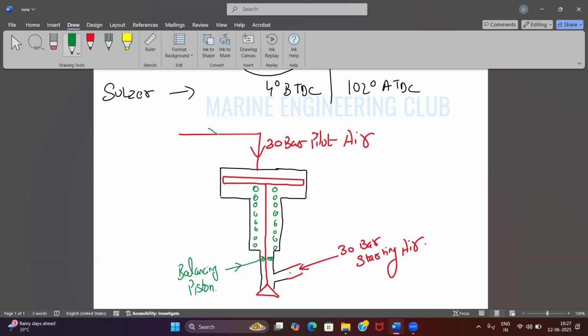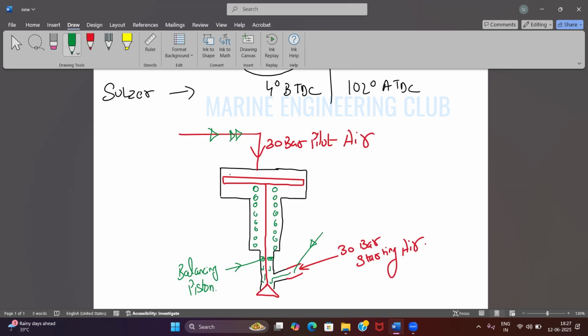This is the actuating mechanism wherever this air is going. Suppose you have multiple air starting valves, right? Suppose you have 8 units, then eight valves will be there, isn't it? Every unit will have its own starting air valve. Whichever unit this air will be going to, this will be available. This starting air will be available for all the units. But this 30 bar cannot open this valve right now, until the 30 bar comes from the top also.